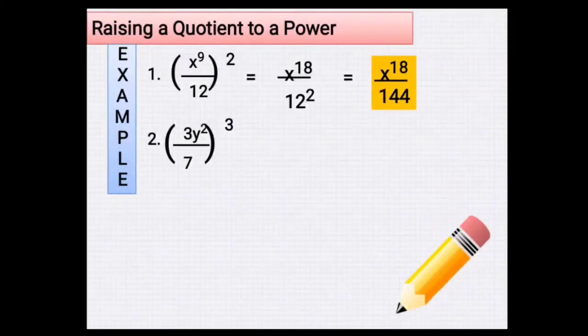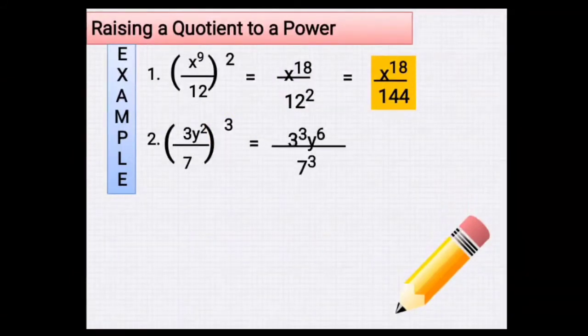So 1 times 3 is 3. Now the exponent of 3 is 3. What is the exponent of y? That is squared, or 2. So 3 times 2 is 6. Now the exponent of y is 6. That's why we have 3 cubed times y to the 6th power.